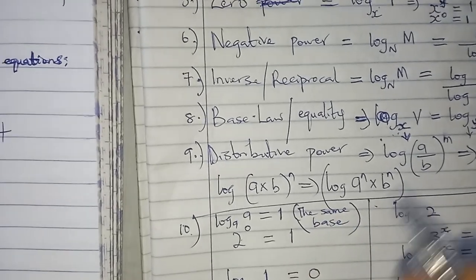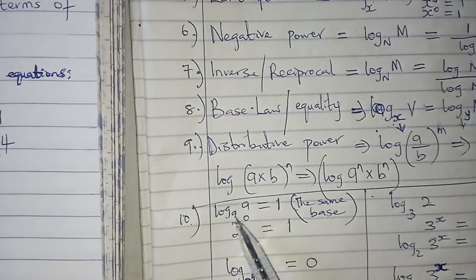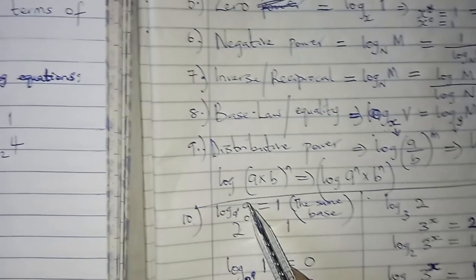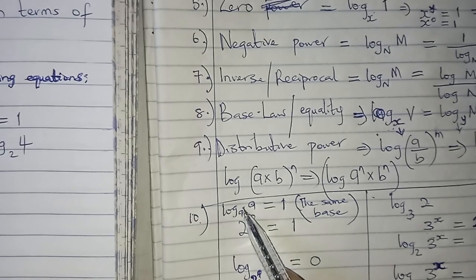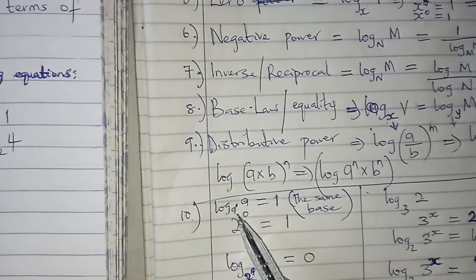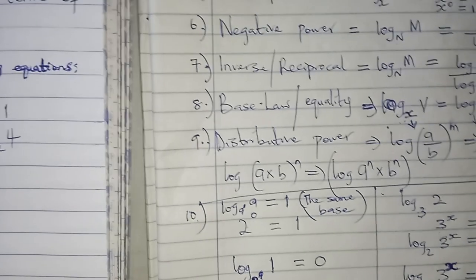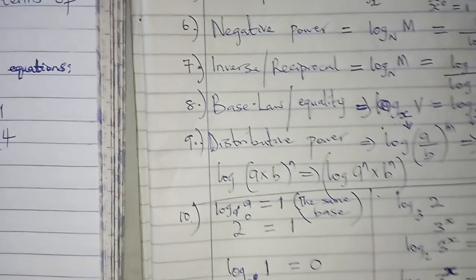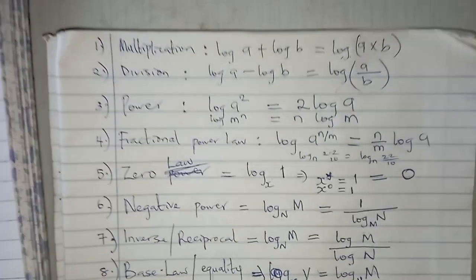So if I have a and I have a, what do I add to this base in order to get this? It is 1. When I raise this base to 1, it will give me this thing. So log of a number to the same base is 1.